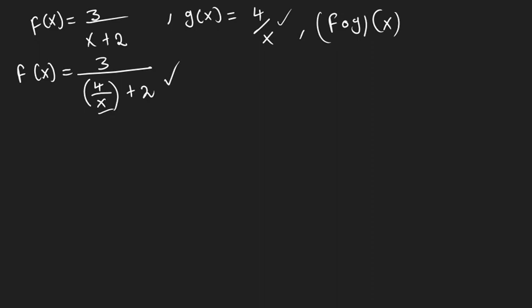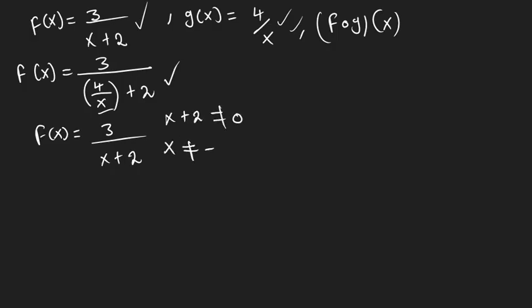So first of all, I'm going to find the domain of this one and the domain of that one. So f of x is equal to 3 over x plus 2. So x plus 2 must not equal 0, then x must not equal negative 2.